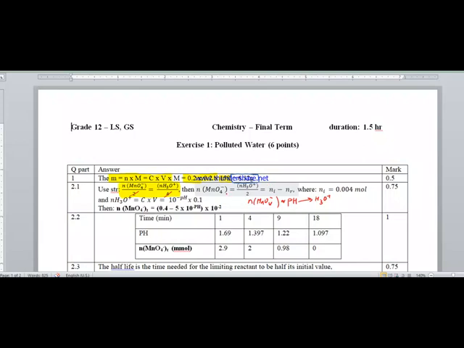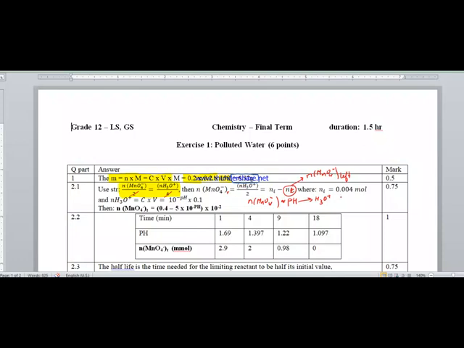This is the number of moles of permanganate that reacted, which is equal to n initial minus n left at a time t. This represents the number of moles of permanganate ion that is left at a different instant of time.